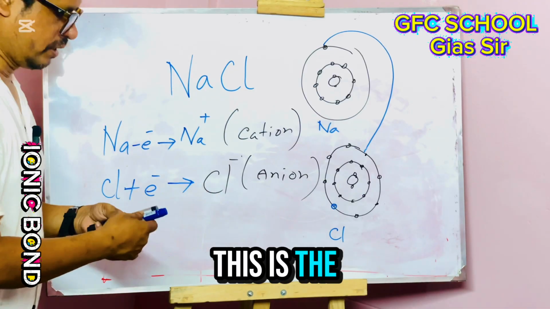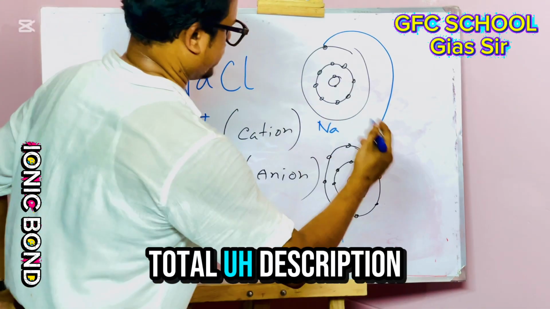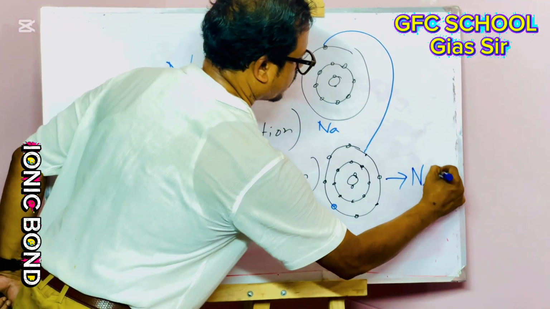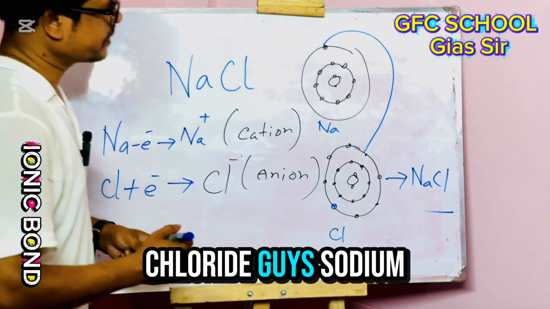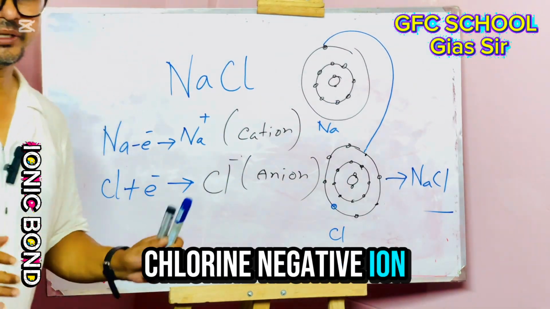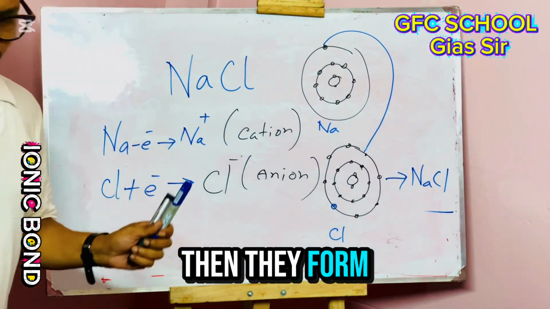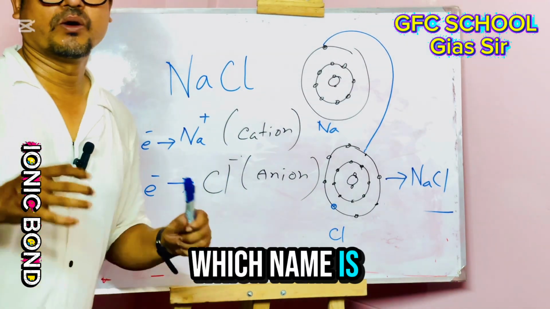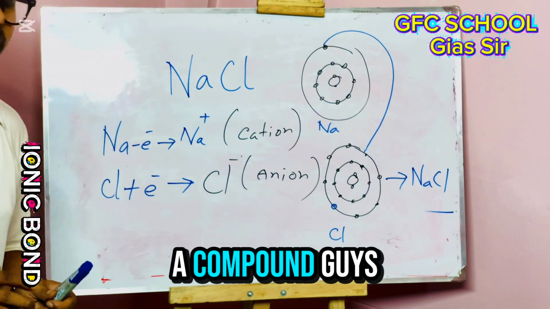Guys, this is the total description, and here is sodium chloride. Sodium is the positive ion, chlorine is the negative ion. Then they form a bond, whose name is sodium chloride. It's a compound, guys.